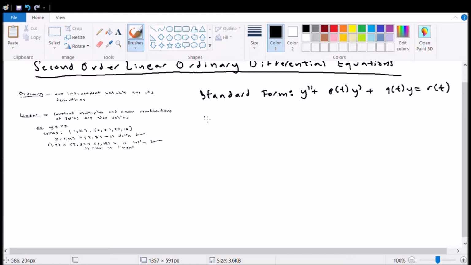And so, since this is a linear differential equation, then it also abides by the principle that linear combinations and constant multiples of solutions give rise to different solutions.